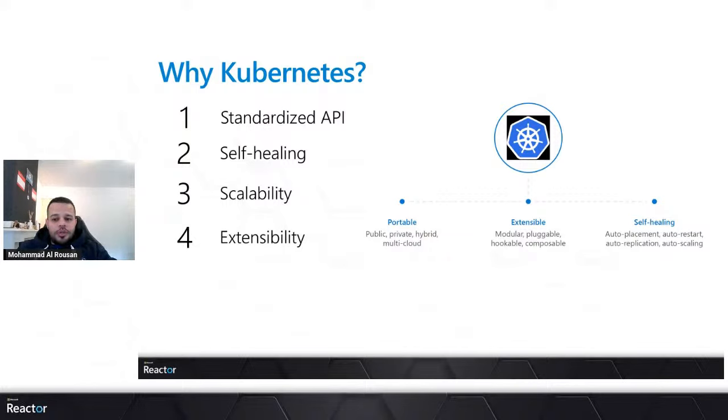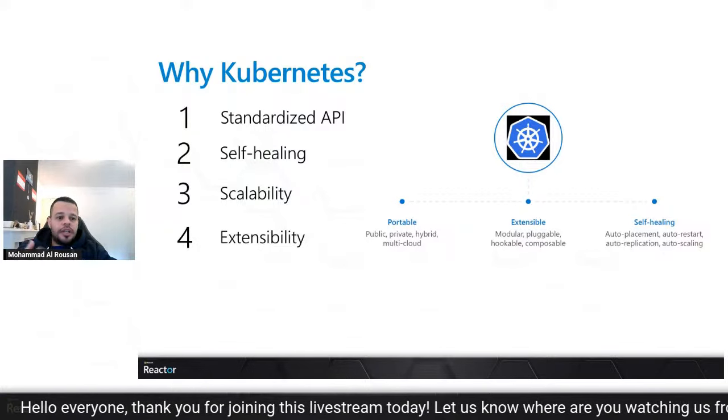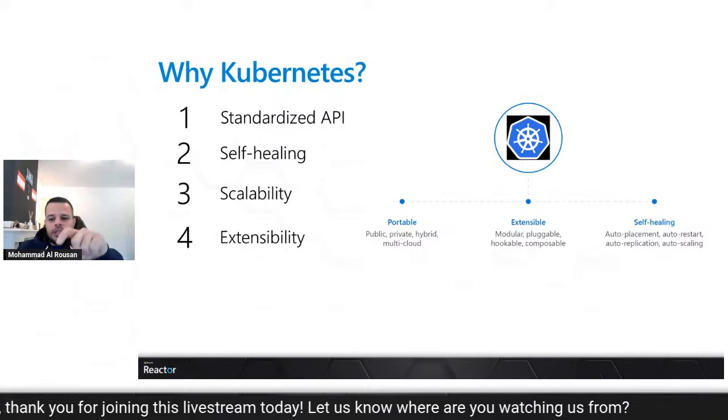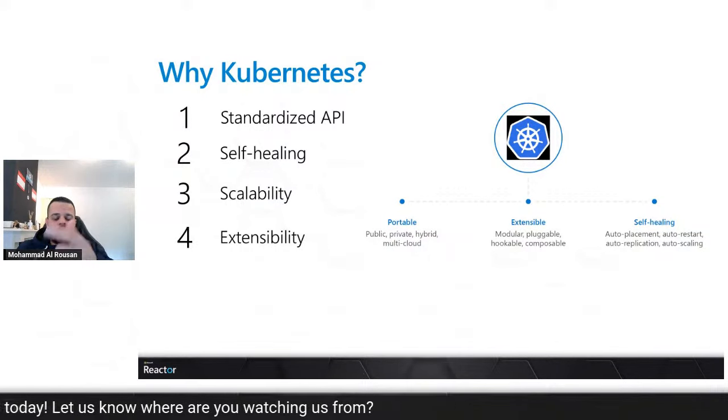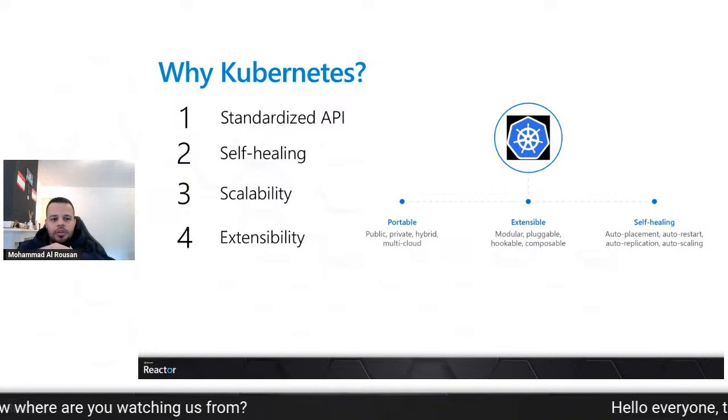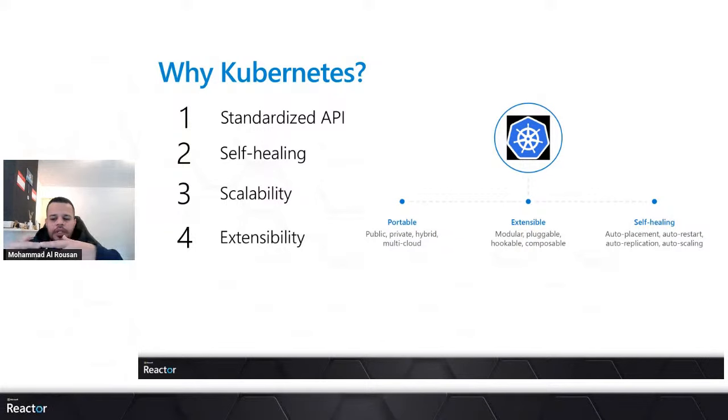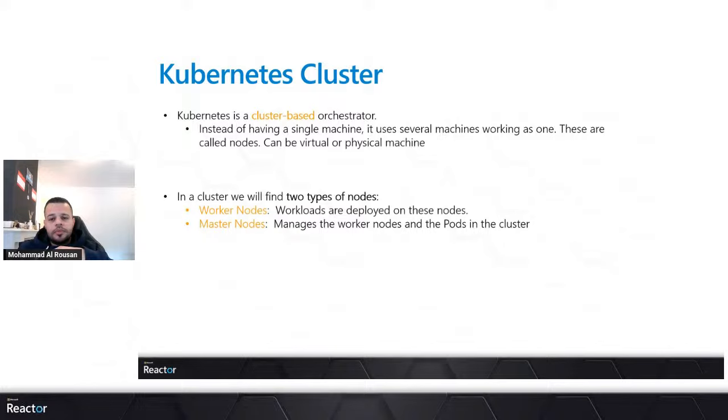Kubernetes is that solution. It offers different features to handle this, such as standardized APIs and self-healing. If a pod dies, it just replaces it or creates a new pod. Scalability, you can add as many nodes as you want. You can configure vertical scalability for your pods. Extensibility as well.